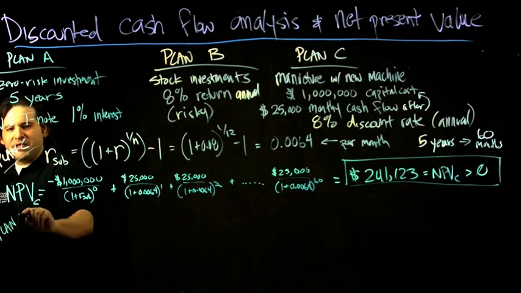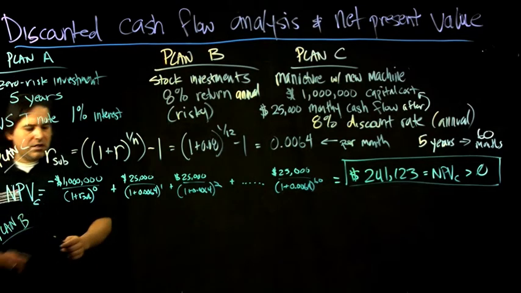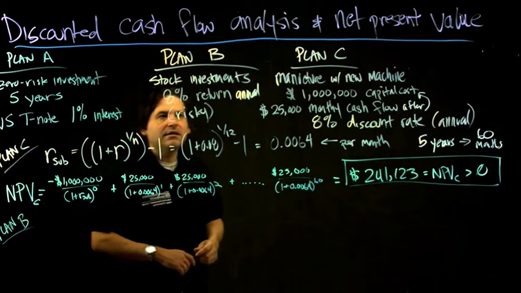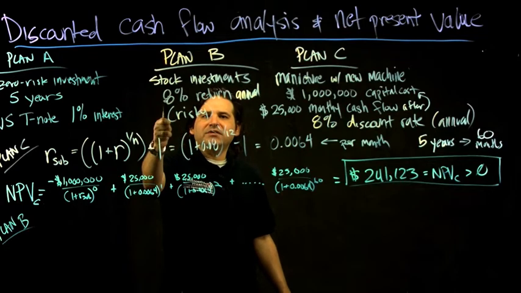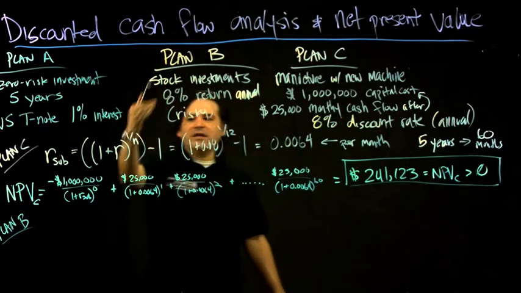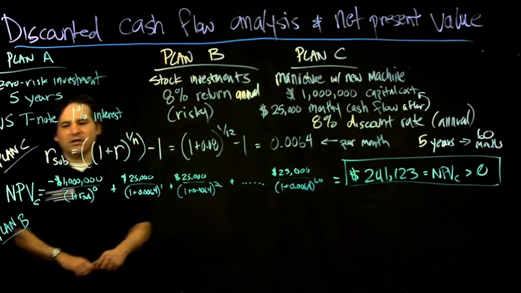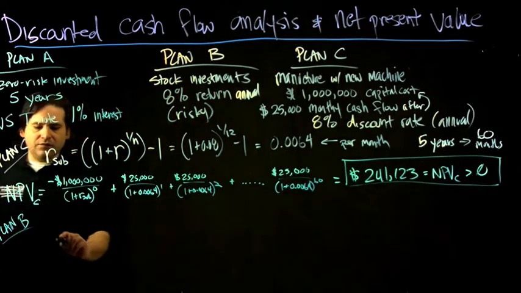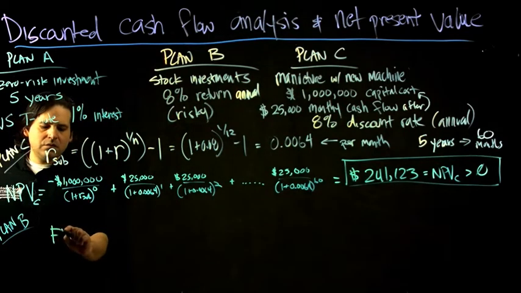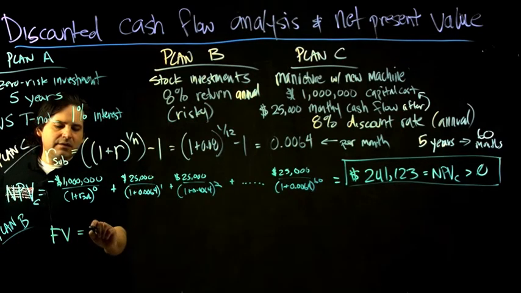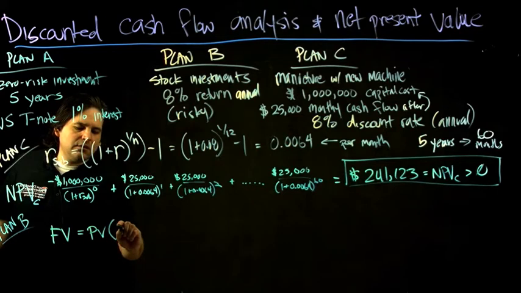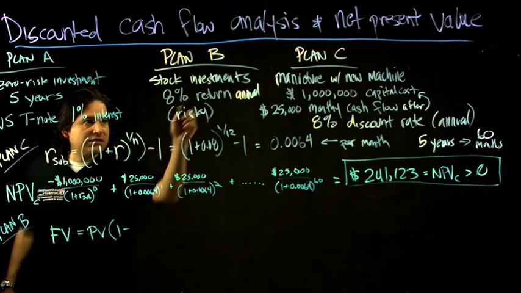So for Plan B, the way to calculate putting in $1 million and buying stocks, and then after 5 years getting an 8% return, the way you find that number is the same way you calculate a loan, which would be the future value of this $1 million growing at 8%.